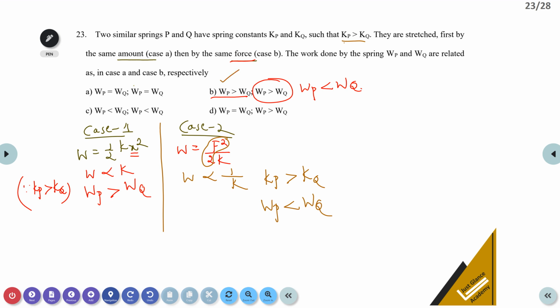In the first part, actually WP is greater than WQ, so this one is not possible. Some corrections are required in this problem. WP less than WQ, or we can write WQ is greater than WP.